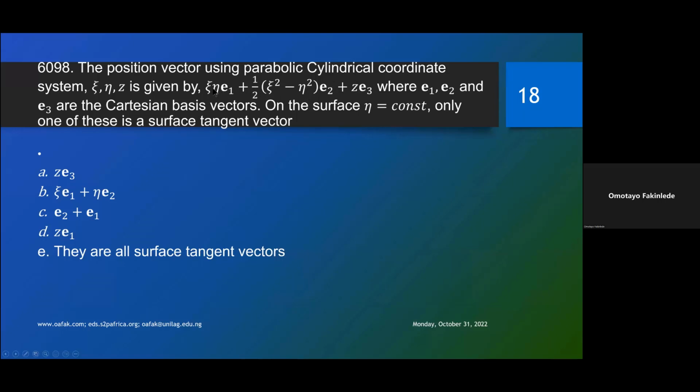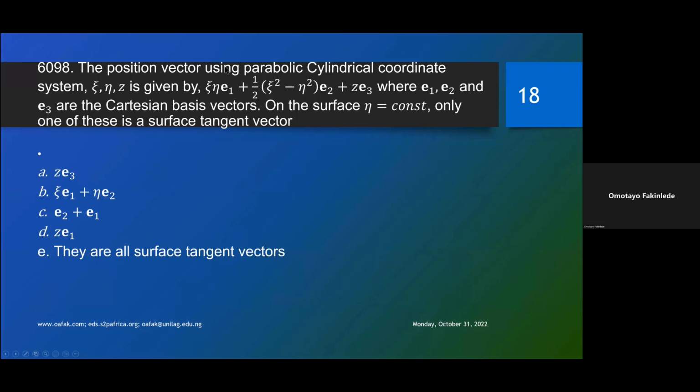You differentiate it with respect to xi, differentiate with respect to z, and you get the surface tangent vectors. You see that only one of them is a surface tangent vector. That's it. And then you also need to know that if you multiply a vector by a constant, it's still the same vector.